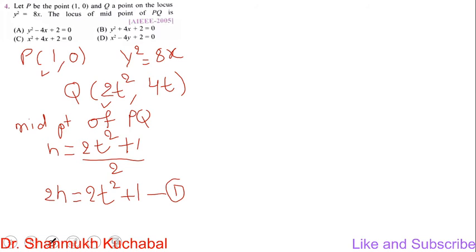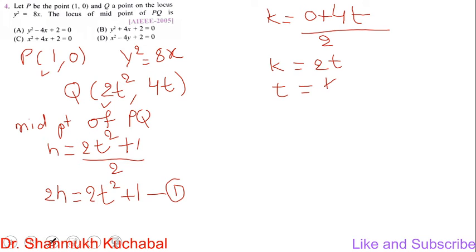Another one for the midpoint, so we have to take the y coordinate. The y coordinate is k, so what we get is 0 plus 4t, from points P and Q we have to take it, whole divided by 2. So we get k equal to 2t, or else I can write t equal to k divided by 2.